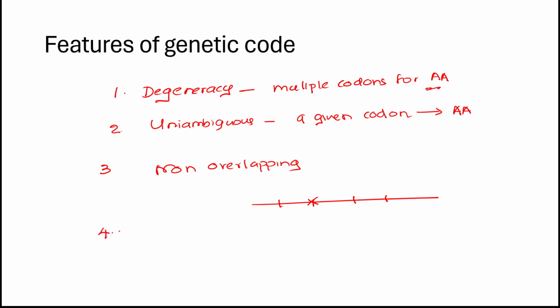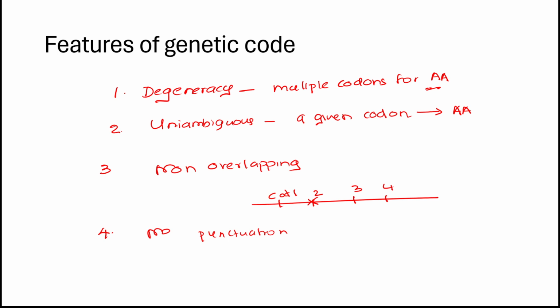The fourth would be no punctuations. Again, this also plays an important part in mutations. Let's assume this is codon number 1, this is 2, this is 3, this is 4, and there is no punctuation present in between them.